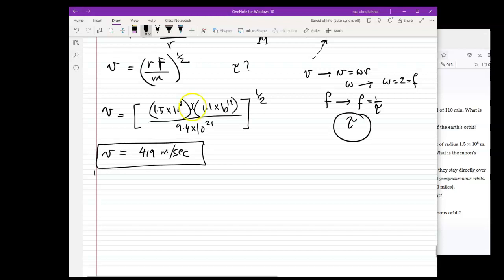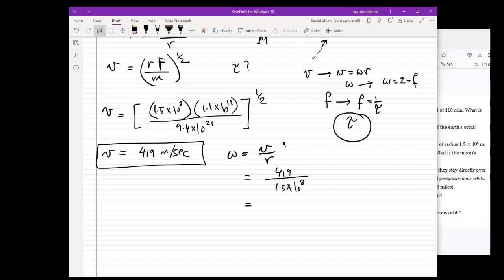Now let's look at the plan right here. With V, I'm going to get omega. So omega is equal to V over R. So let's get that. So that's 419 divided by the radius. It's equal to 1.5 times 10 to the 8. So let me get that.